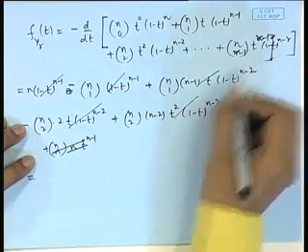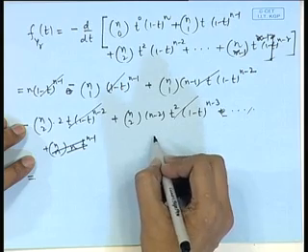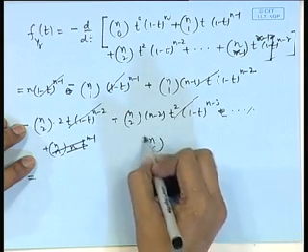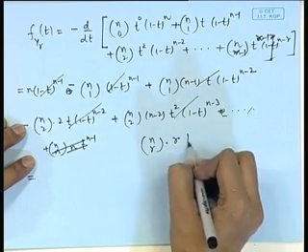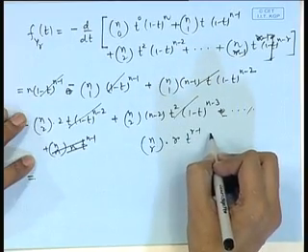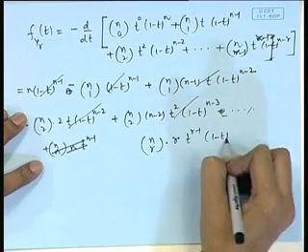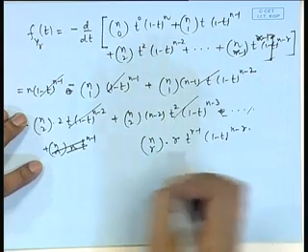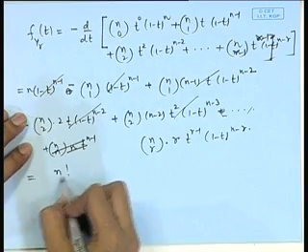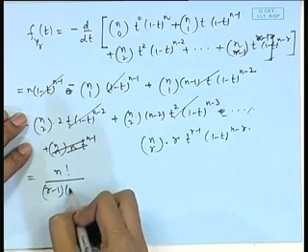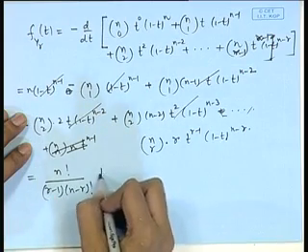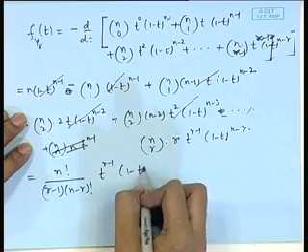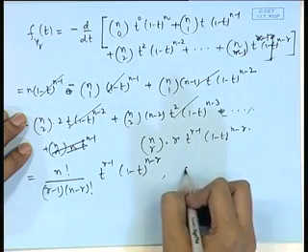Here the last term will give us n c r t to the power r minus 1 (1 minus t) to the power n minus r, that is equal to n factorial divided by (r minus 1) factorial (n minus r) factorial t to the power r minus 1 (1 minus t) to the power n minus r.